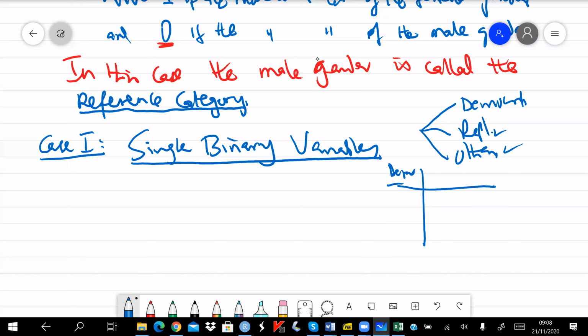Then you also have another dummy variable called Republican, which takes the values 0 or 1. If somebody is a member of the Republican Party, you put 1, but if he's a member of the Democratic Party or the other parties, you put 0. So you cannot have a dummy variable for the other parties; you only have 2 dummy variables. This means that the other category is your reference category.